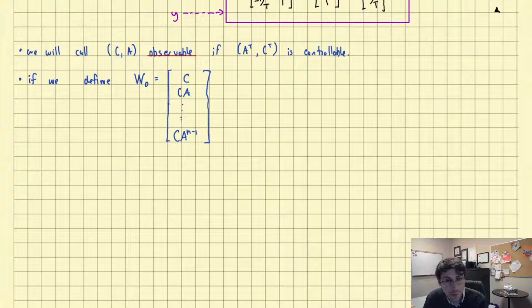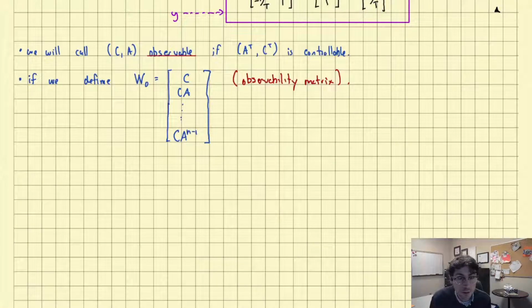It is the transpose of the controllability matrix of this guy. It's called the observability matrix. I'll have to stop there. Then we're going to say that a test for the pair C, A being observable is that W_O have rank n.